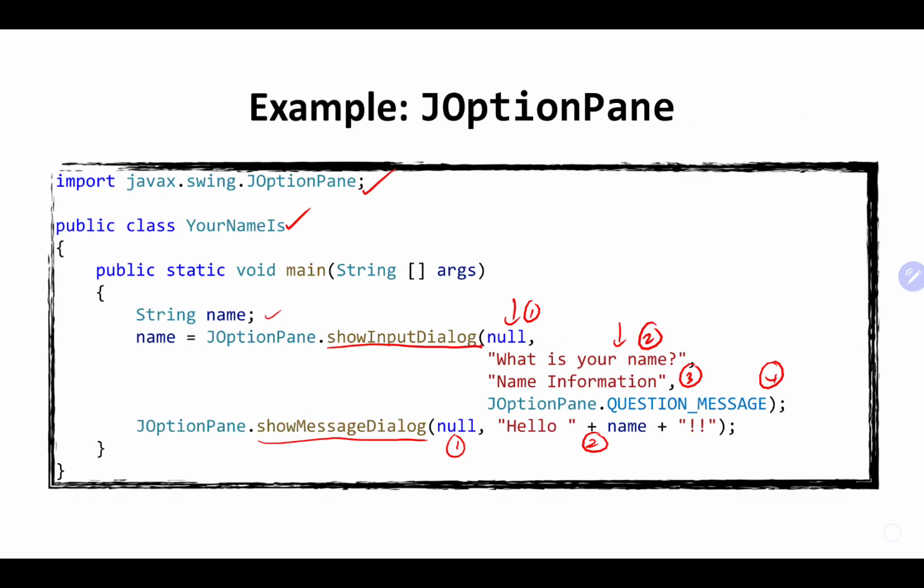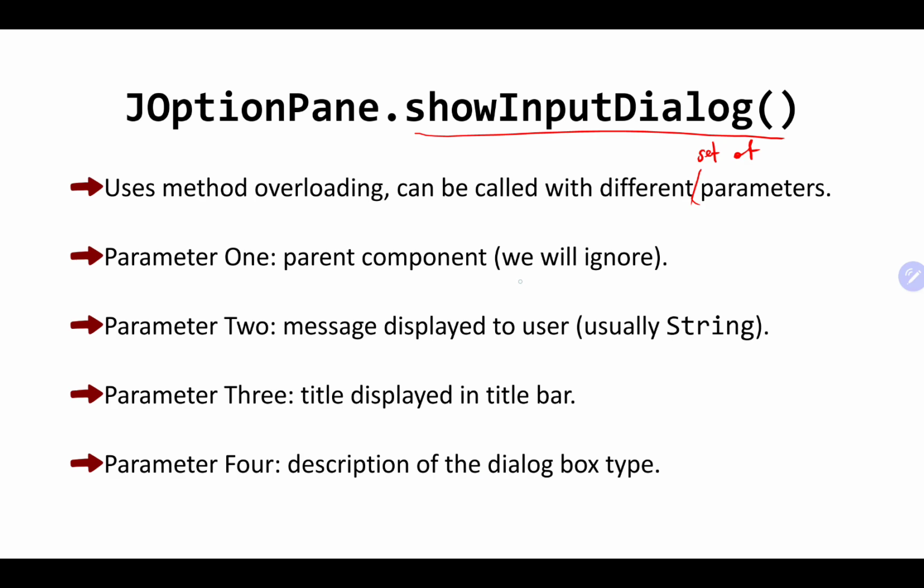Okay, the first parameter here, what is it? It is the parent component, or we can call it the parent window or frame. And this one we just ignore for simplicity.